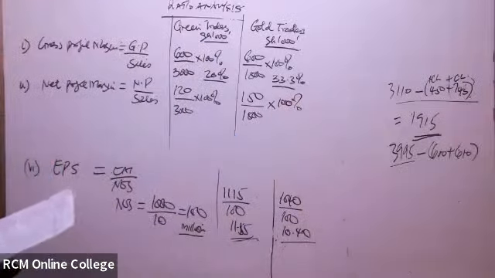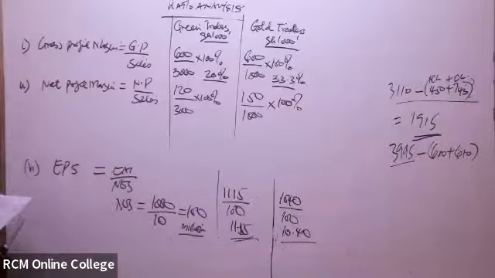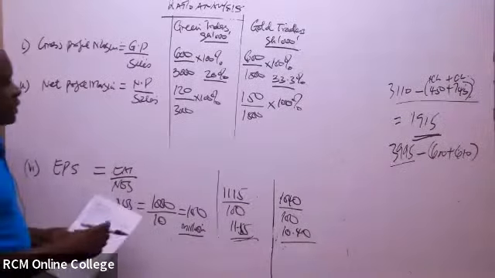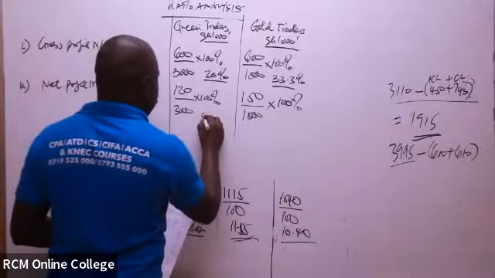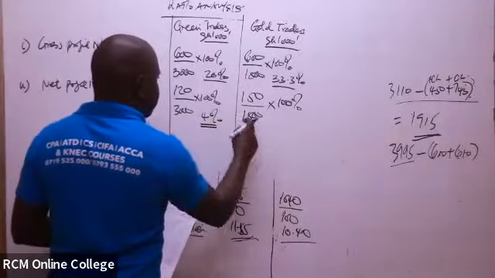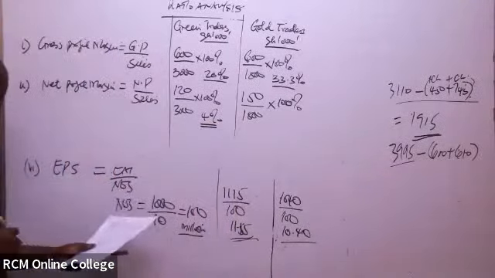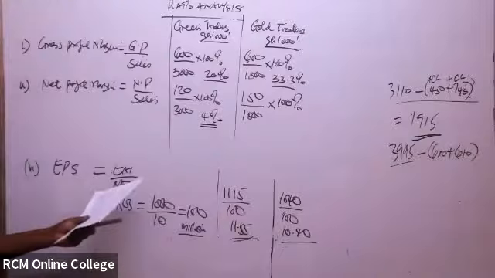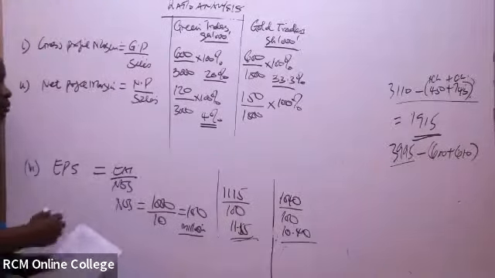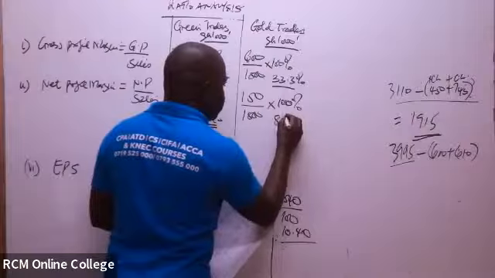What do you get for green traders? The net profit margin is 4%. What about the other one? 8.33%.